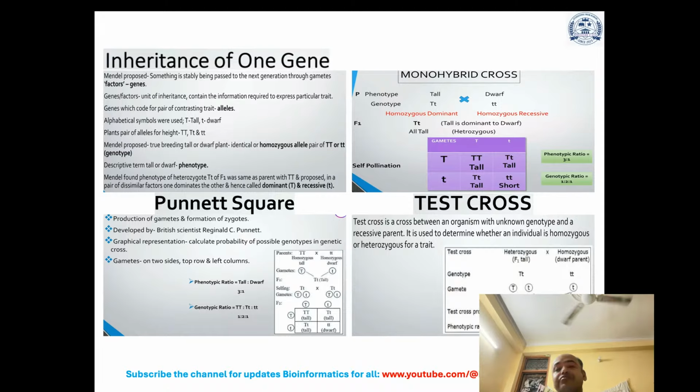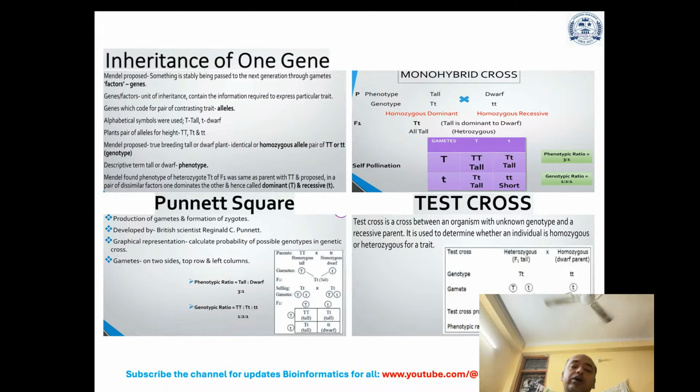Now, another thing that comes up is called the Punnett square. This is a kind of box which helps you to understand very easily the basic combinations, the production of gametes and formation of zygotes, developed by British scientist Reginald C. Punnett. It is a graphical representation used to calculate the probability of possible genotypes in a genetic cross.